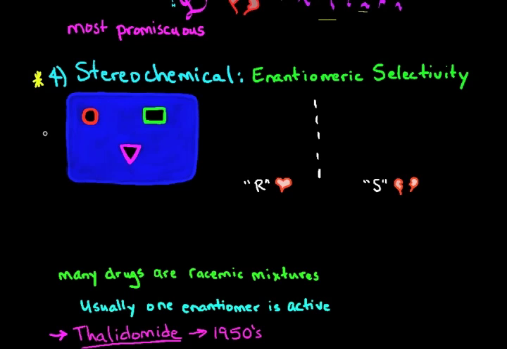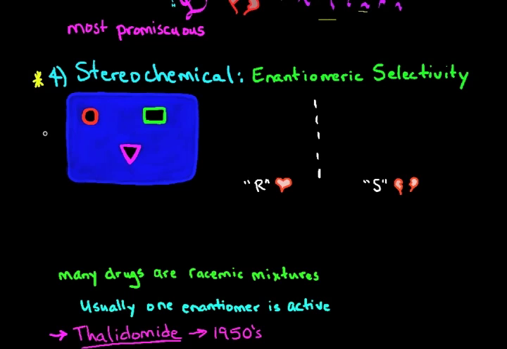So we all know, hopefully, what enantiomers are. You have the R form, you have the S form of these guys, and they can be present in different ratios. If you have equal amounts of R and S, you have a racemic mixture of those enantiomers.